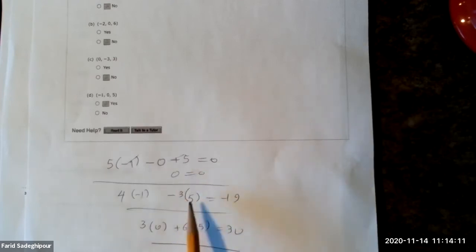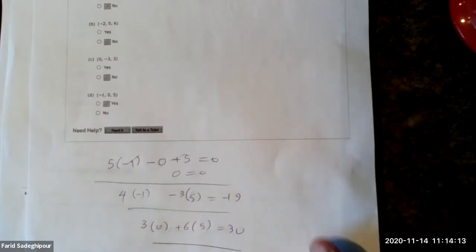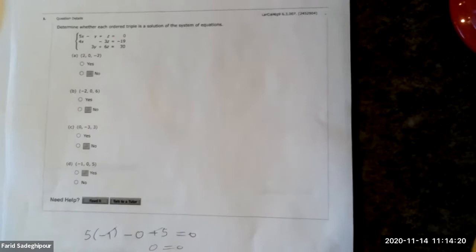I substituted that into the first one, the second one, and the third one. So the point given in the problem, you have to take that and substitute in all three equations. If that satisfies all three equations, meaning it works for all three, then that is the solution of a system.